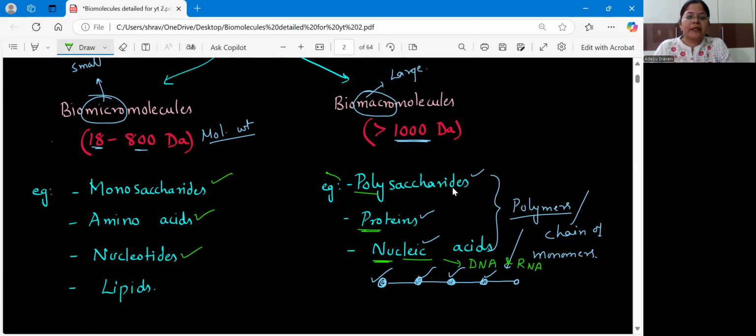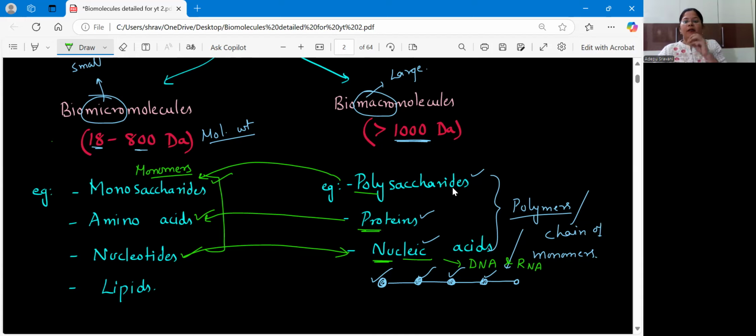So polysaccharides are formed by monosaccharides, amino acids form proteins, and nucleotides will form your nucleic acids. Now, all these components put together, we call them monomers. So, logically, the polymer components which are present in our body will be considered as biomacromolecules and the monomers will be considered as biomicromolecules.